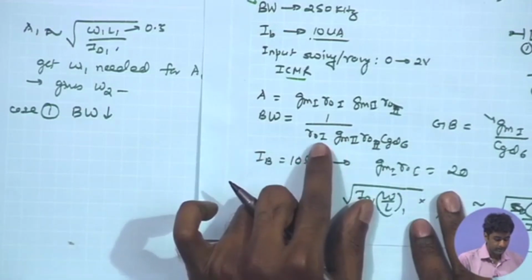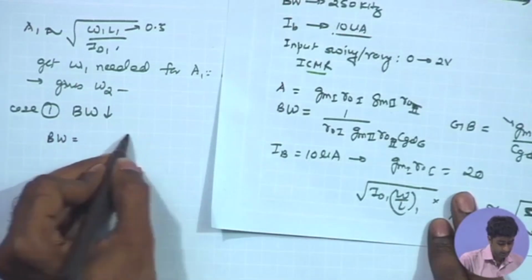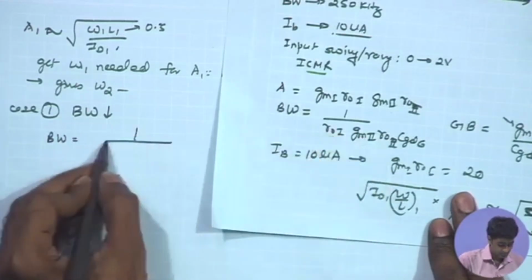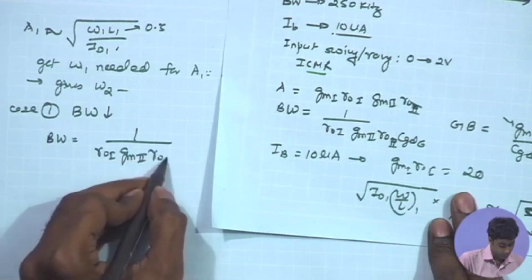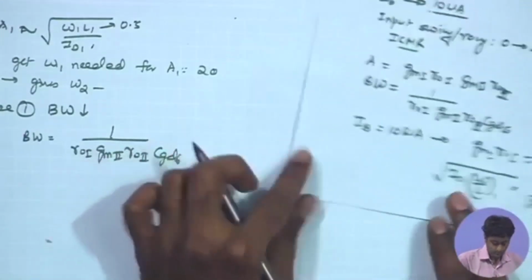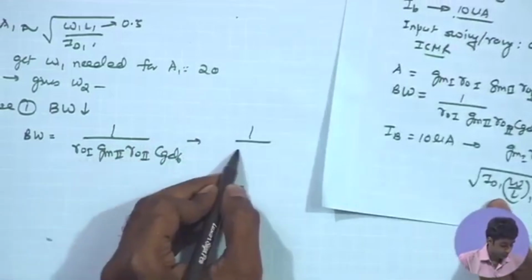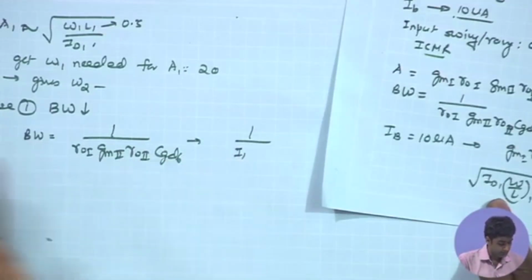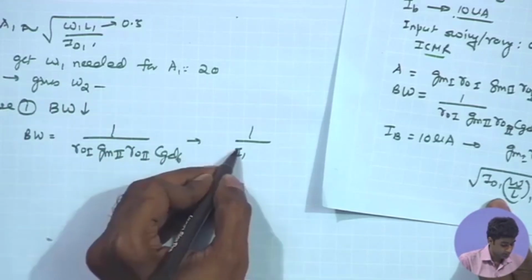And here once again, I have the bandwidth given by RO1, GM2, RO2 and CGD6. I am just writing the design parameters on which it depends. I have the RO1 given by 1 upon lambda ID1.